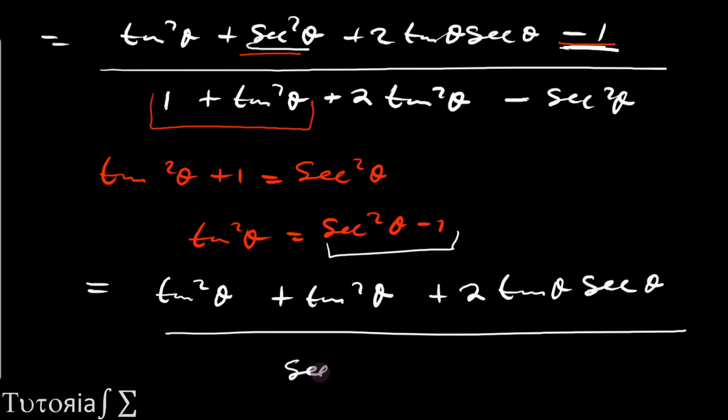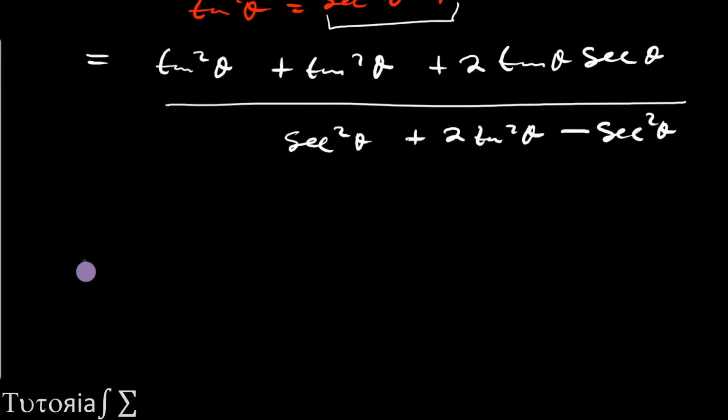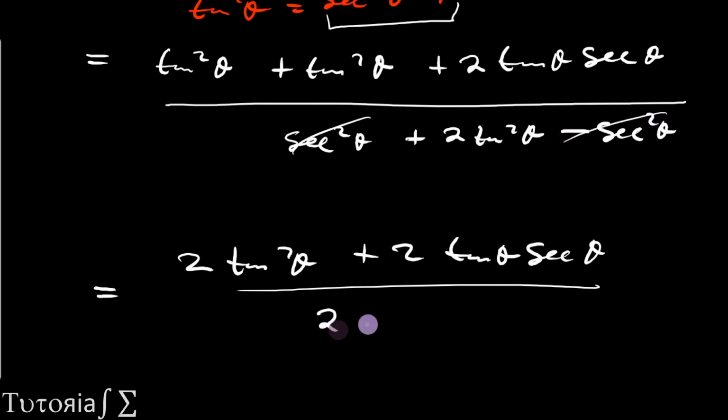So we're going to have sec squared theta plus 2 tan squared theta minus sec squared theta. Okay, so here we see that these will add up, so it will give us 2 tan squared theta plus 2 tan theta sec theta all over, so this and that cancel out, so we are going to have 2 tan squared theta.